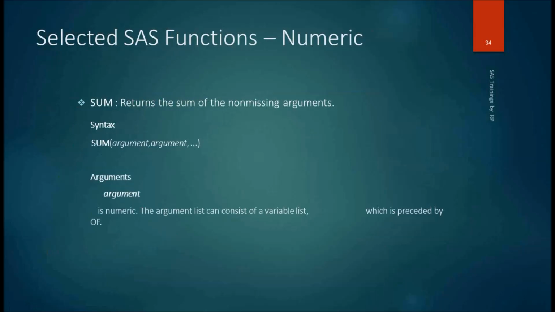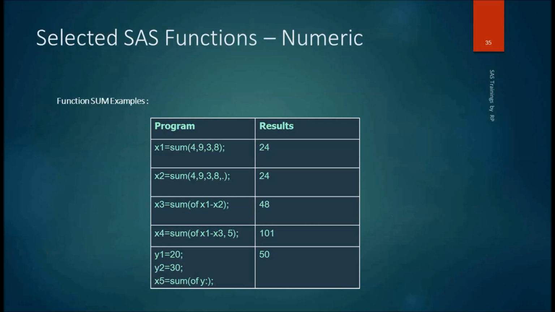So for instance, I have taken a numeric function to show you one example. In the sum function, if you see the syntax here, you can pass more than one argument into the sum function, and it will create the result. So this is an example.